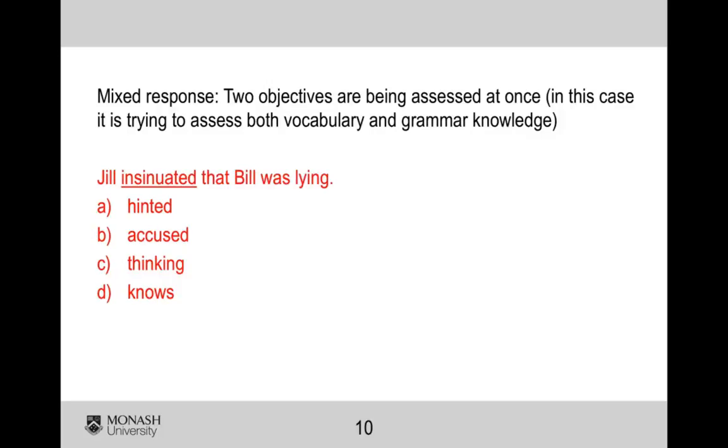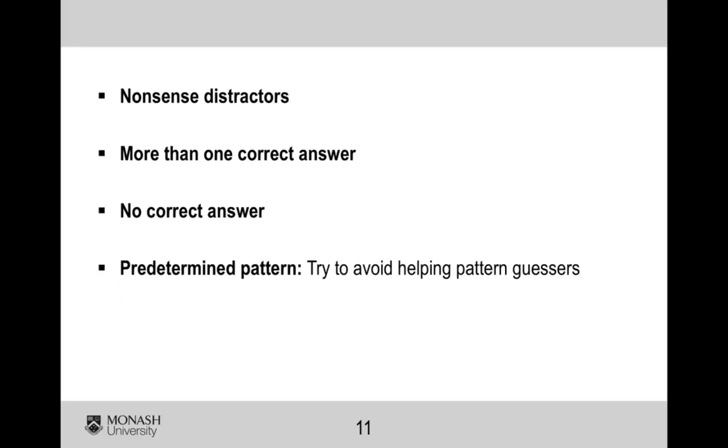Because it's in the past tense, they have to decide whether this word needs to be in the past tense, and then it's also trying to figure out if they know the vocabulary. So it's looking at students' ability to answer correctly in regards to both their vocabulary knowledge and the grammar. Try to just assess one thing at a time, not both.